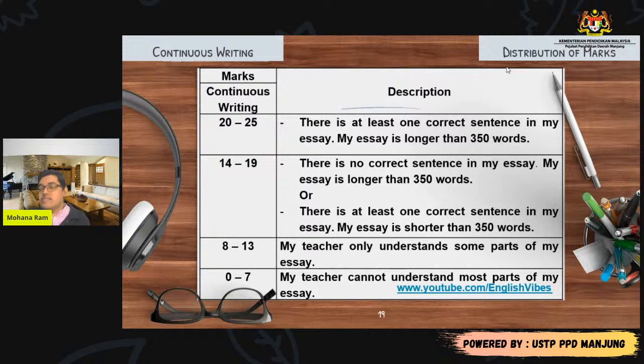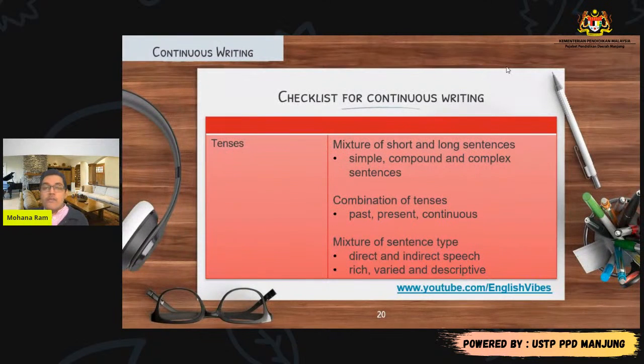Now that is the general idea of where you stand, where your score is, so that you know what to work on. All right, now for continuous writing, tenses. You have to be careful. You have to have a mixture of short and long sentences. You need to have simple, compound, and complex sentences. You need to have a combination of tenses: past, present, continuous.